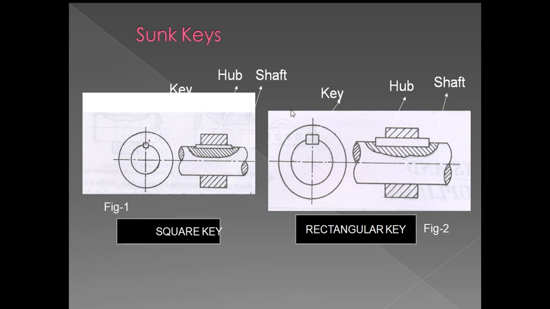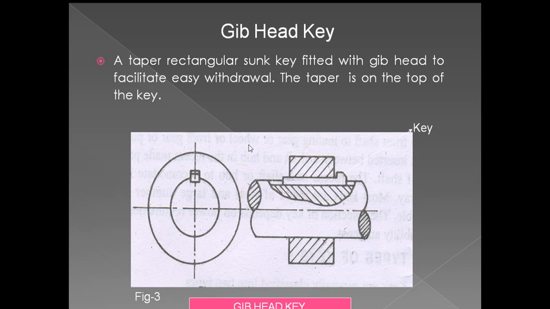Next one is the gib-headed key. A gib-headed key is a taper rectangular key fitted with a gib head to facilitate easy withdrawal. There is a taper on the top of the key.